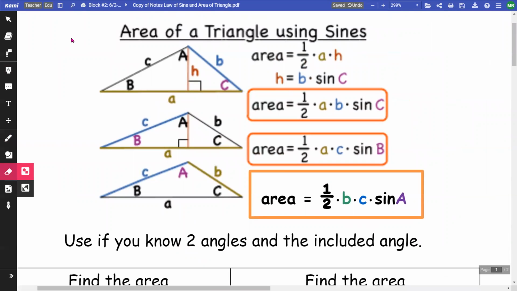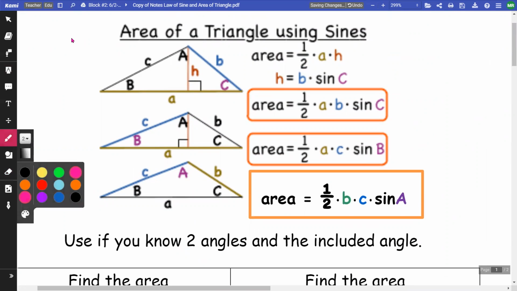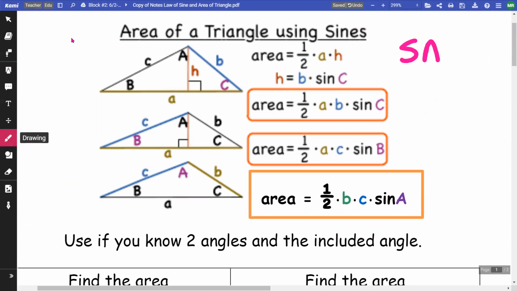If you have a triangle that is not a right triangle, you do not know your perpendicular height and base. If you know side angle side, where you know two sides and an angle in between, you have enough information to solve. So what do I mean by that?